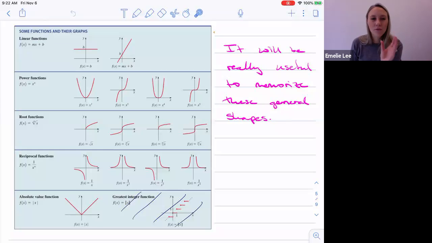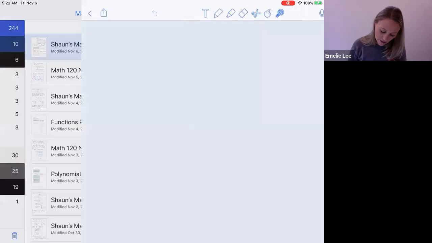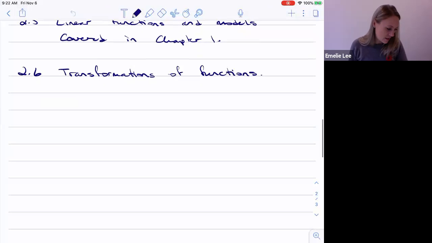If the core function can be boiled down to x to the power of 2, for example, then you know your initial shape, and then we can transform it from there. We'll start with vertical shifting. Vertical is up and down, right? Then we can talk about horizontal shifting. And then we can stretch this thing. We can reflect it around the X or the Y axis.